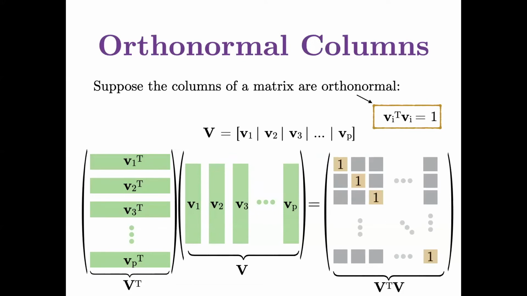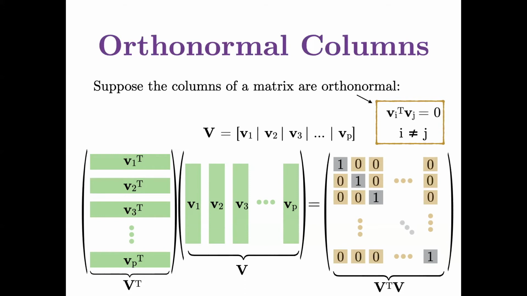So conveniently, there are 1s on the diagonal of this matrix. On the off-diagonal elements, we can use the other part of the definition, which is that when i is not equal to j, vi transpose vj will be 0. So I will have zeros in the off-diagonal elements.